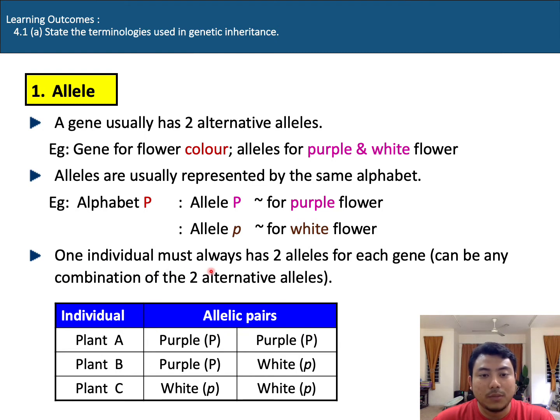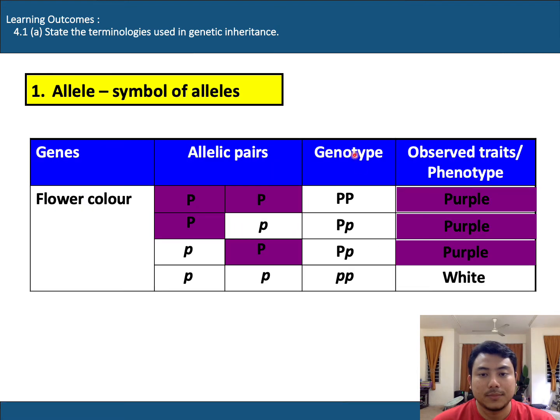One individual must always have two alleles for each gene, and it can be any combination of the two alternative alleles. For example, individual plant A can have uppercase P and uppercase P, i.e. purple and purple. Plant B can have the combination of purple and white, and plant C can have the combination of white and white.